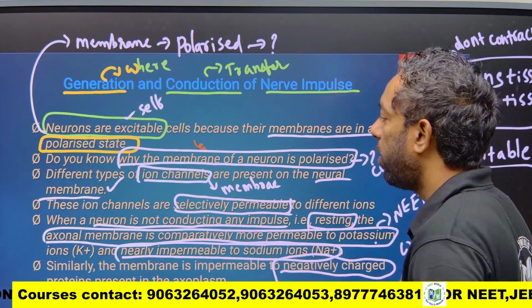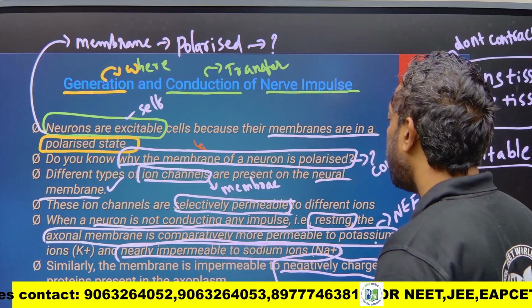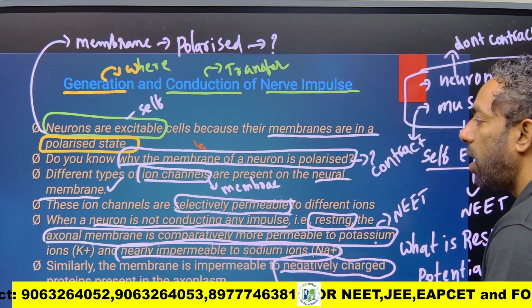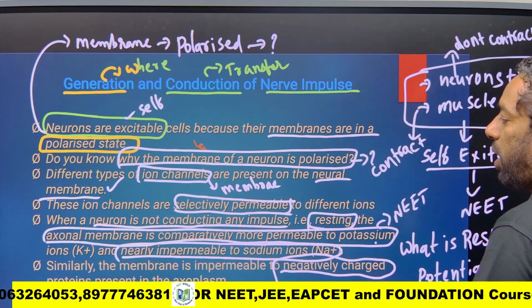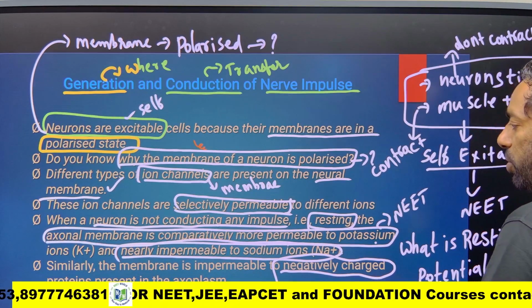When the neuron is not conducting, meaning in the resting potential, the axonal membrane is comparatively more permeable to the potassium ion and nearly impermeable to the sodium ion.